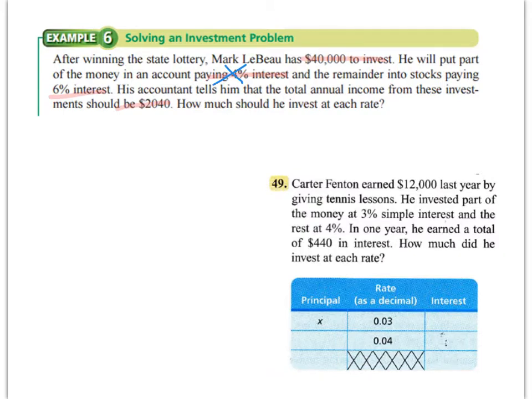So, for example, if you invest 10,000 at 4%, you would invest the other 30 at 6%.